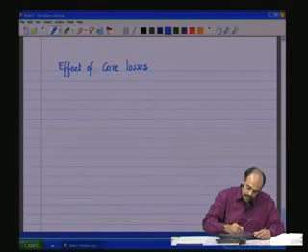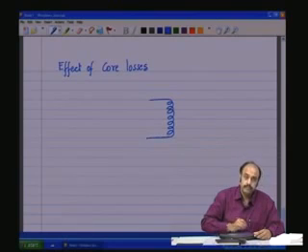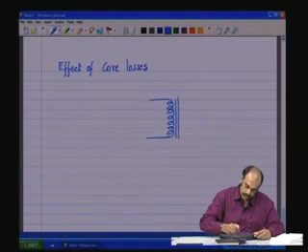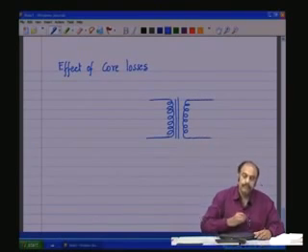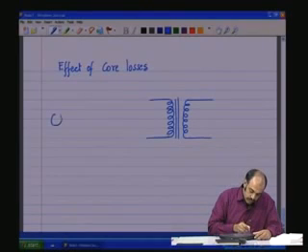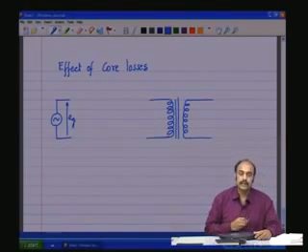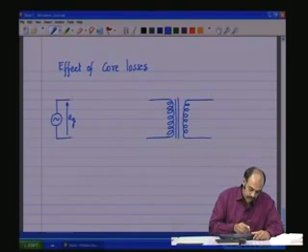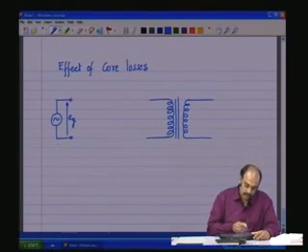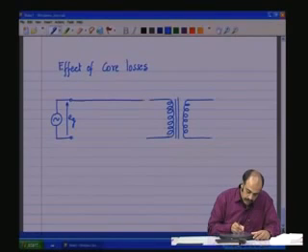Now, the transformer, an ideal transformer, is shown in this manner. There is a core and then the secondary winding. Now, there is a source on the primary side, an AC source, and that is called EG. Now, this source is connected to the ideal transformer.